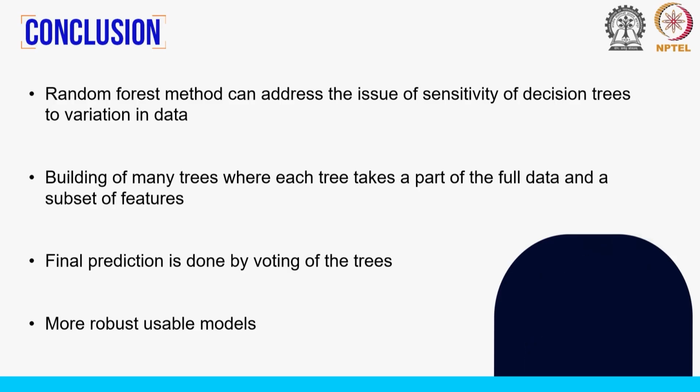You have also seen that there is something called out of bag error reported in these models. This means the data points that are not used for building the trees are used for testing the models. We saw this in our hands-on as well, where the out of bag error and out of bag measures are reported, and the final prediction is done by voting of the trees.